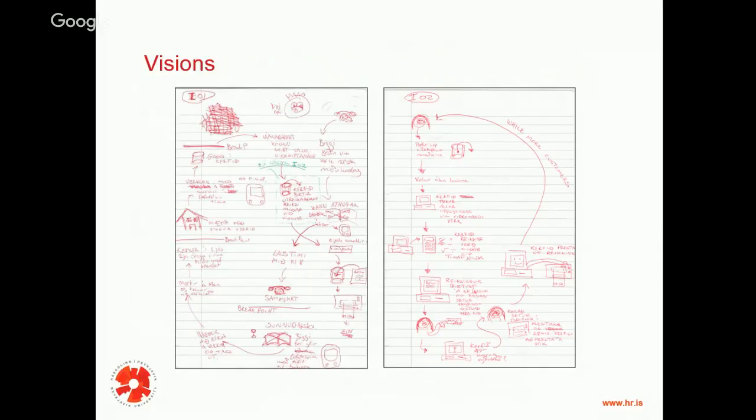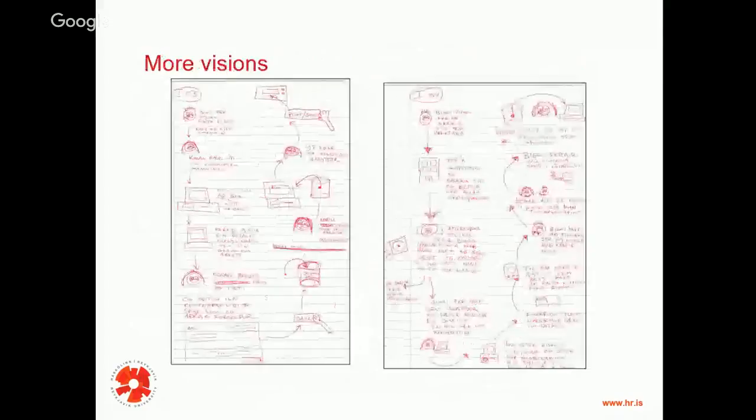This is another one where they include the home and the database, and in this one they include more of the technology and other systems. And here are more examples. So you see the user there. The user is always very happy. That's good.